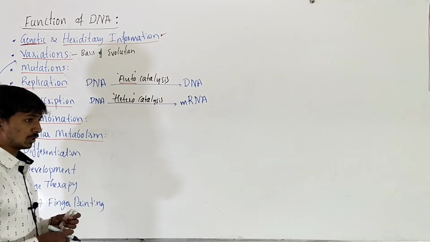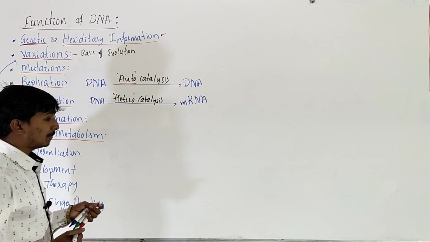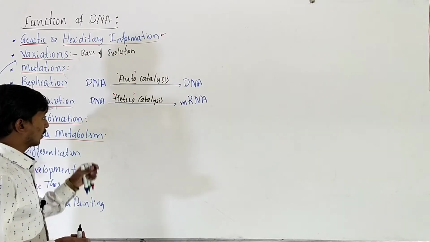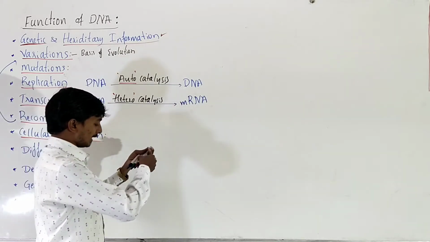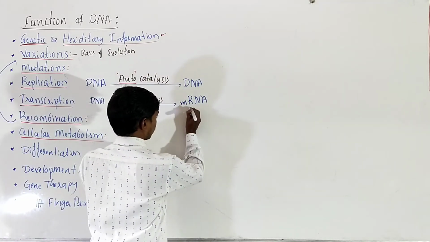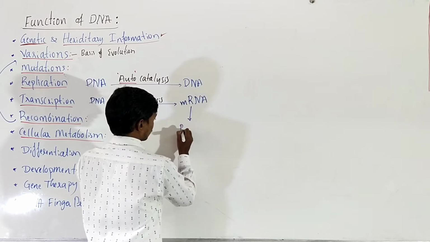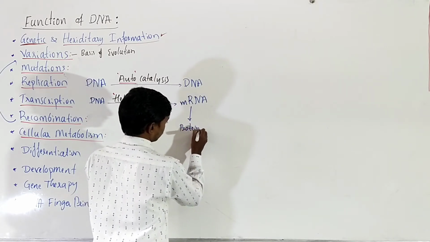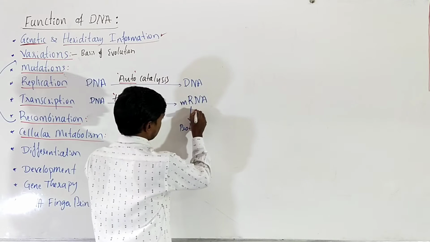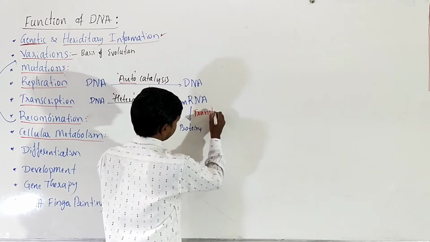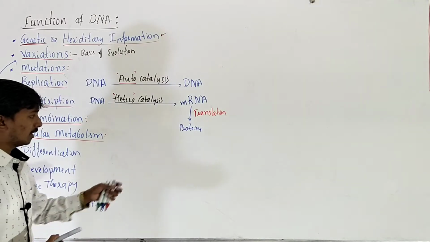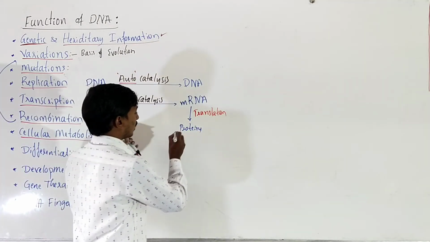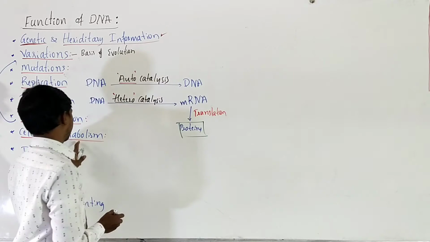But how are proteins synthesized? DNA forms mRNA by transcription, and mRNA will form protein by translation. These proteins are involved in metabolism.